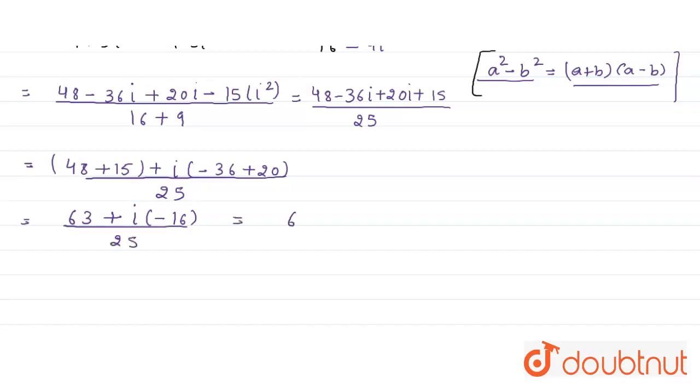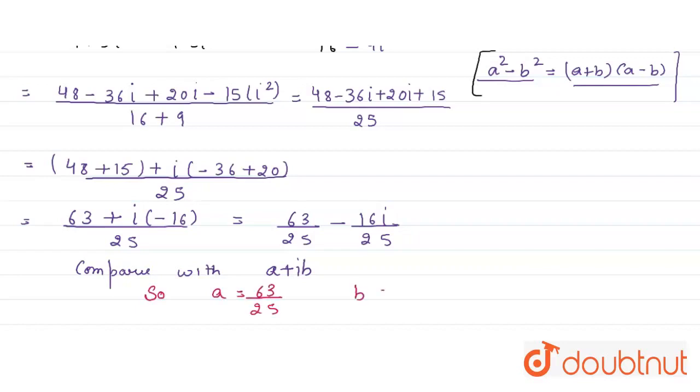So 63 divided by 25 minus 16i divided by 25. So compare with a plus ib. A is equal to 63 by 25 and B is equal to minus 16 by 25, right? So this is our final answer.